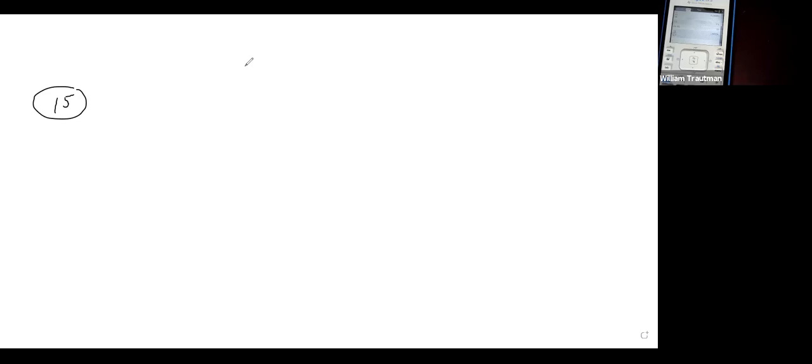The average weight of a man is 185 pounds. Standard deviation equals 15.